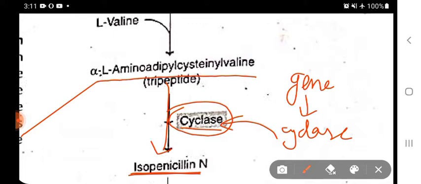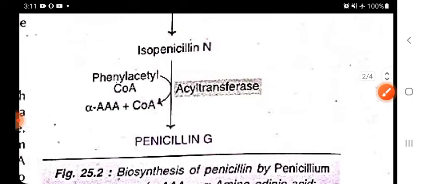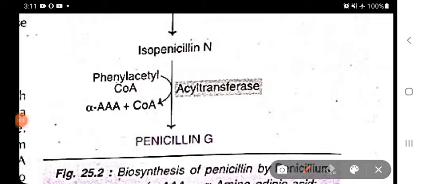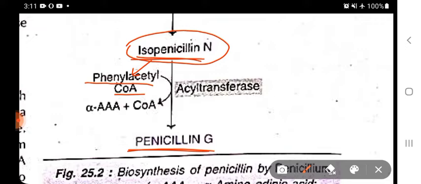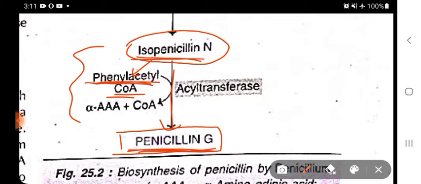So it is converted into isopenicillin N, and this isopenicillin N then reacts with phenyl acetyl coenzyme A. You can see here phenyl acetyl coenzyme A, as isopenicillin is reacting with phenyl acetyl coenzyme A to form penicillin G. So again I repeat, the isopenicillin that has been produced in the previous reaction by the cyclase now reacts with phenyl acetyl coenzyme A and forms penicillin G. In this step, this reaction will be catalyzed by the enzyme acyl transferase.